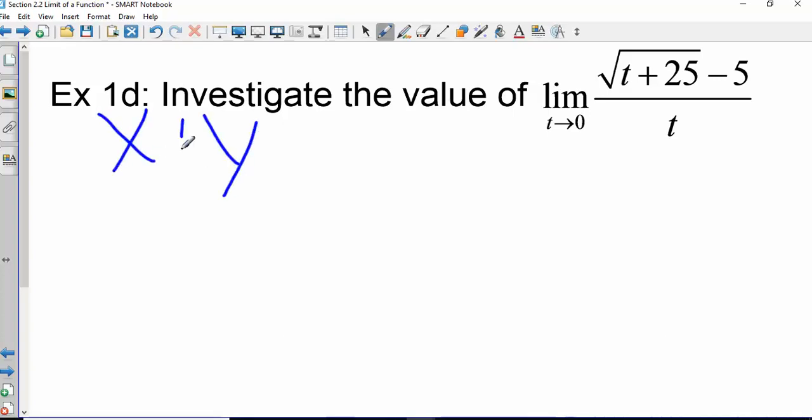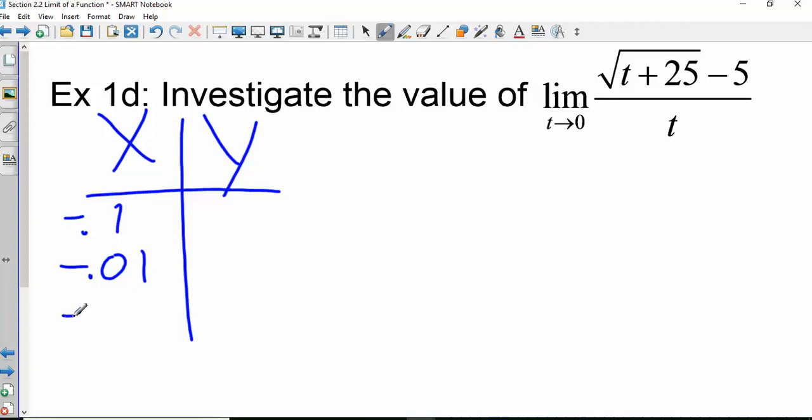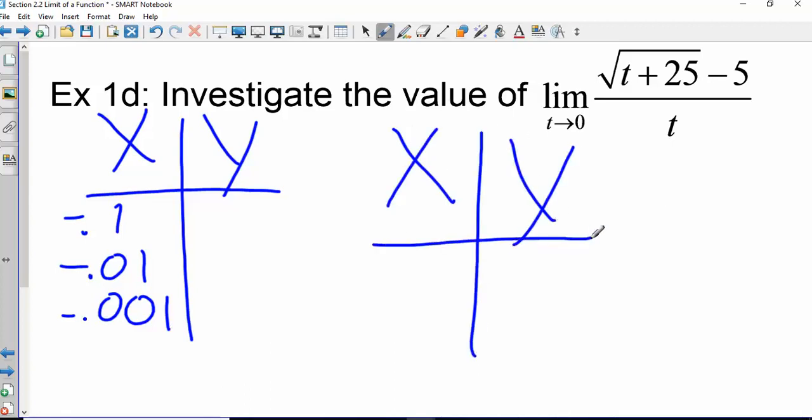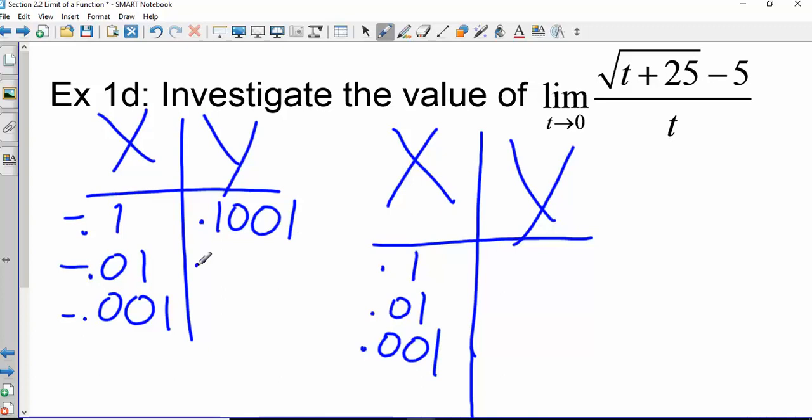Okay, so the first thing we do is we make the two X and Y charts, where we decided to plug in negative 0.1, negative 0.01, and negative 0.001. And on the other one, we plugged in 0.1, 0.01, and 0.001. And from those we got, on the first one, 0.1001, and on the next one 0.10001.